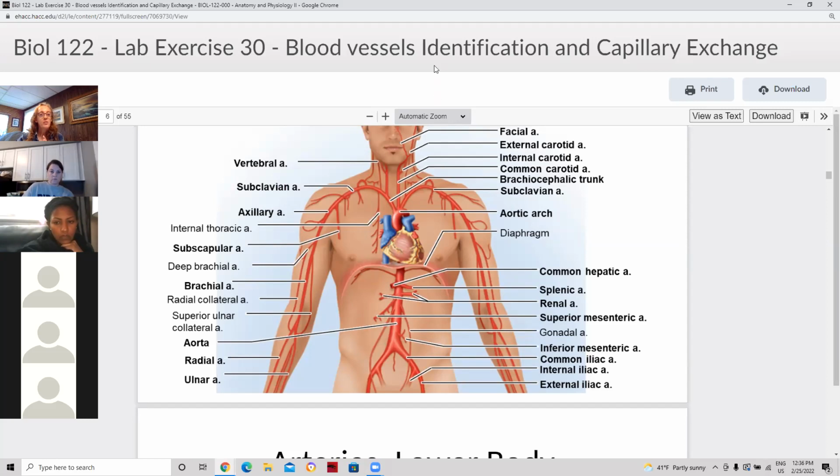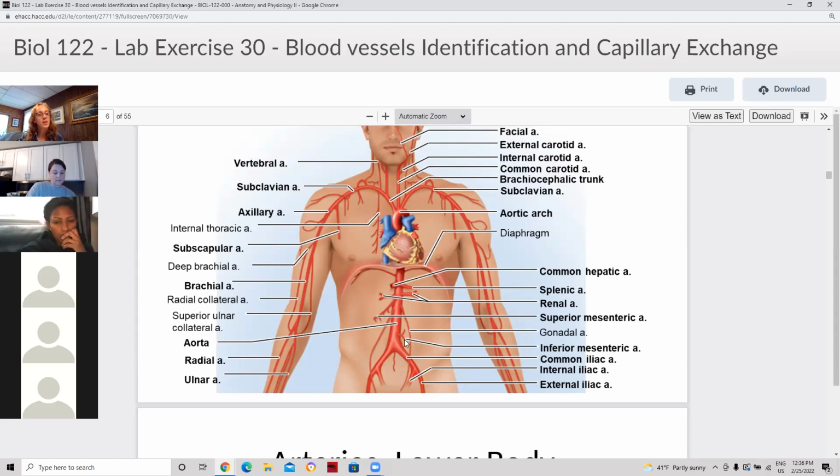The renal artery, we have a pair of renal arteries, the right and left renal artery, renal meaning kidneys. So these are going to go to the kidneys. If you're looking at a picture of an artery and it's branching off and connecting to the kidney, it has to be the renal artery.